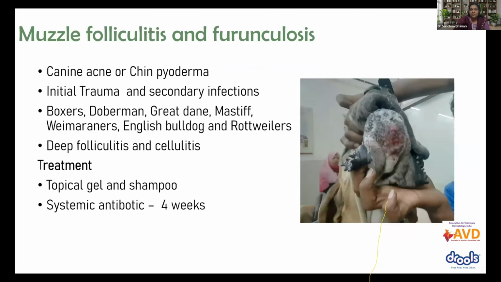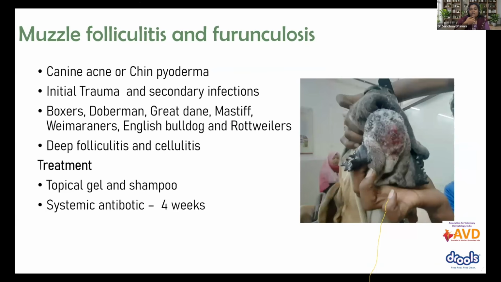The other one is muzzle folliculitis and furunculosis, also called chin acne or chin pyoderma. This is usually because of trauma and secondary trauma, for example when feeding, plastic bowls can give a scratch, or playing with toys can cause a mild scratch in that area.